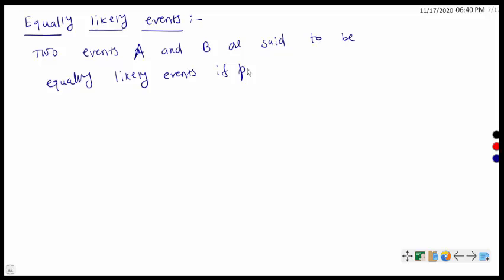If the probability of occurrence of each event is the same.